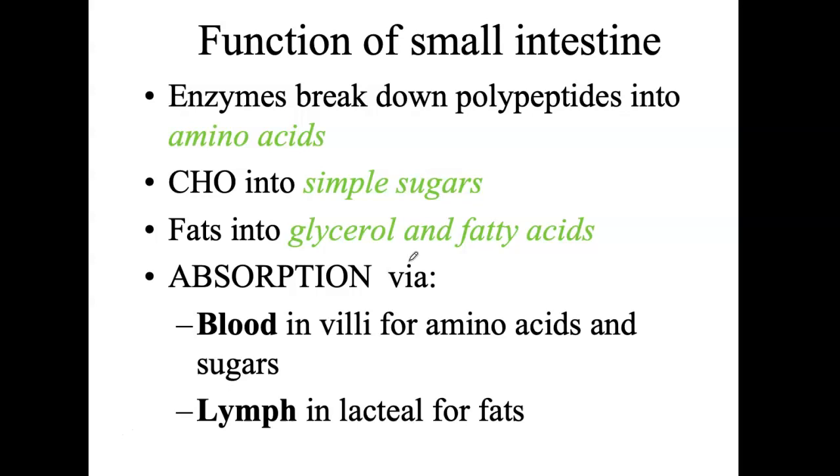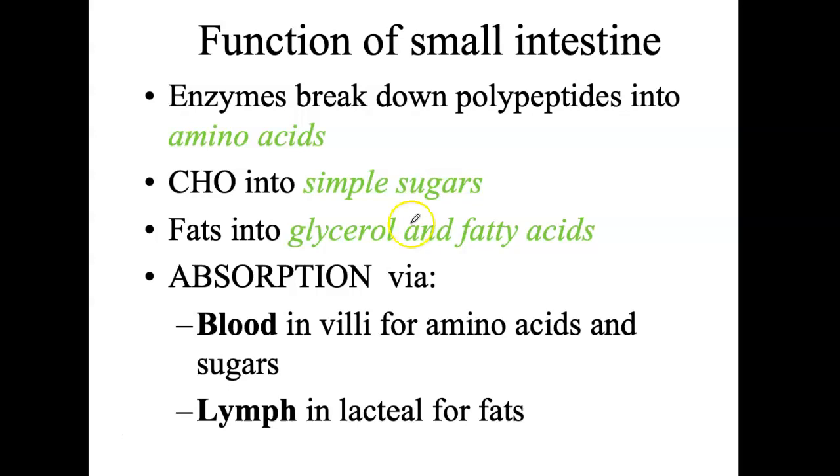So enzymes are going to be able to break down what? Well, let's take one at a time. They're going to be able to break down polypeptides, proteins, into amino acids. They're going to be able to break down complex carbohydrates into simple sugars. And they're going to be able to break down fats into glycerol and fatty acids.